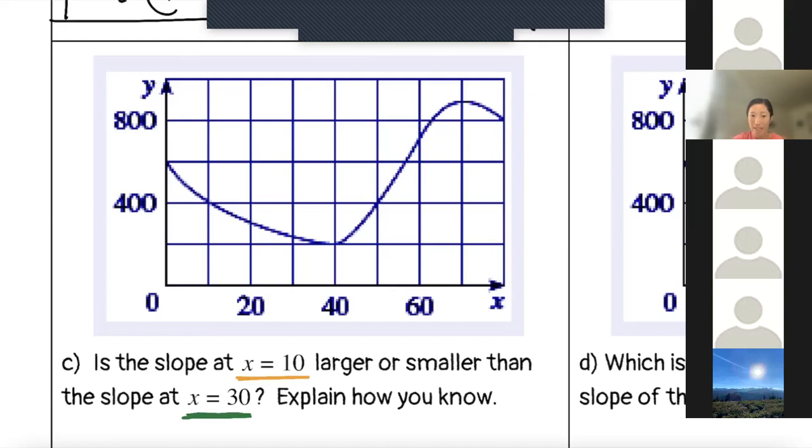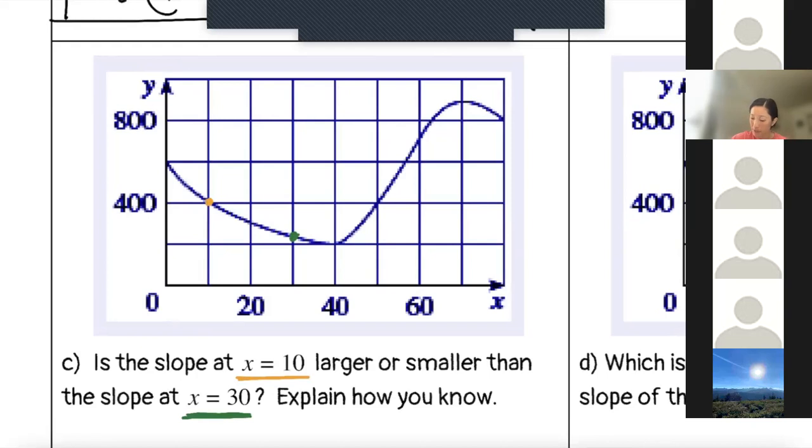So if I think about the slope at x equals 10, I'm really saying I'd like to know the slope at that orange point, okay? And when I say find the slope at x equals 30, I really want to find the slope at x equals 30, okay?